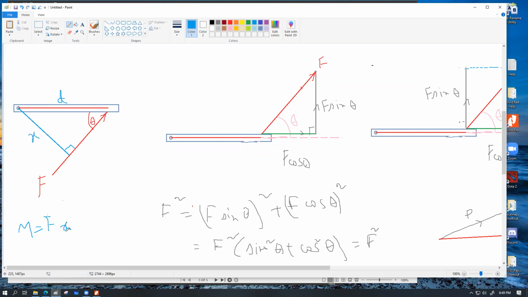Now, if I try to get the value of x in terms of d and theta, how can I represent x? Have a look. This is a right angle triangle, and this is your theta. So this is your d. D means this is your hypotenuse for this right angle triangle. Would you define x as the adjacent side, or is it the opposite side of the angle? Opposite.